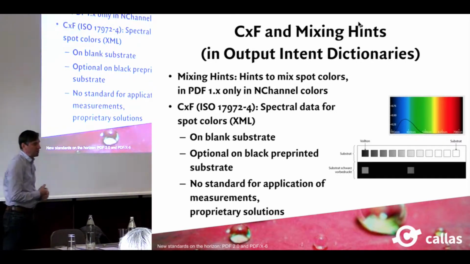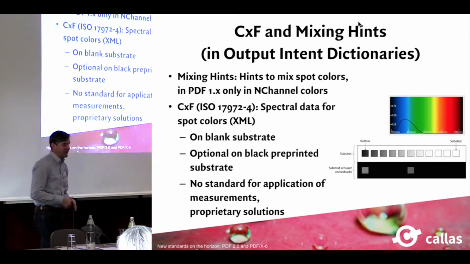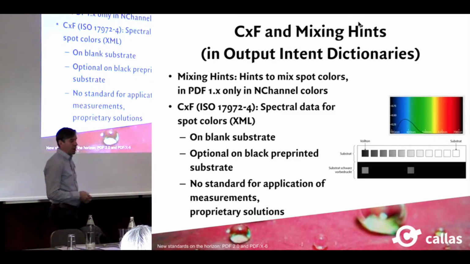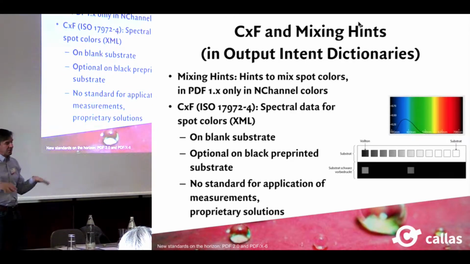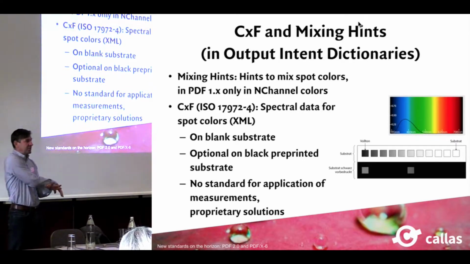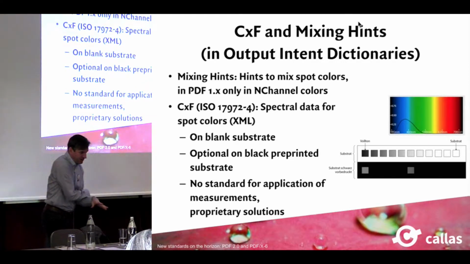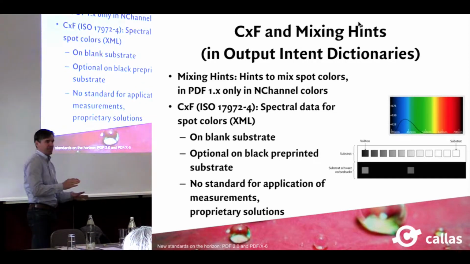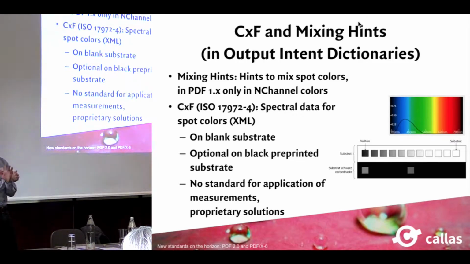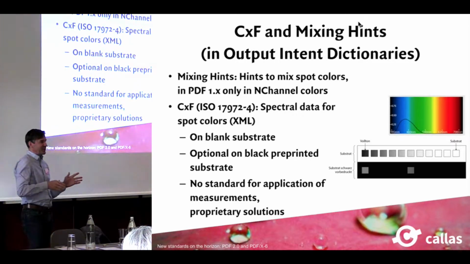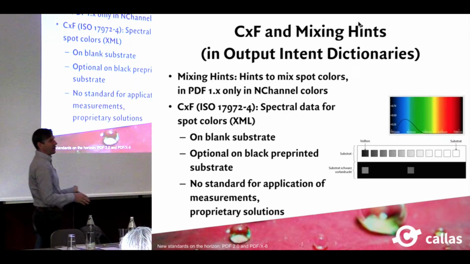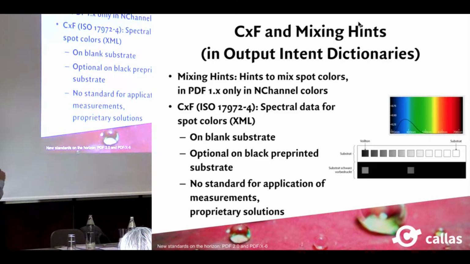So in pdfToolbox, it has become possible to have that in the output intent dictionary. So it is defined on the document level, but of course in pdfToolbox also again on the page level if you have the output intent on the page level. I hope I haven't confused you now. But mixing hints, I haven't seen a lot of them. So it was possible to have that on an object level in PDF 1, but it's not used a lot.